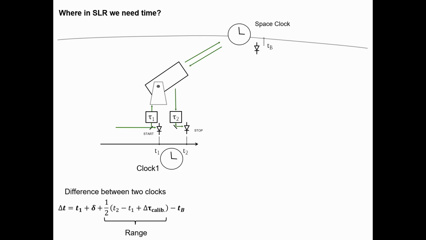We can derive the time difference between the clock on the ground and in space as dependent on the timing of the start epochs on the ground, plus the range measurements with the calibration, and the timing bias introduced in the timing on the space segment.